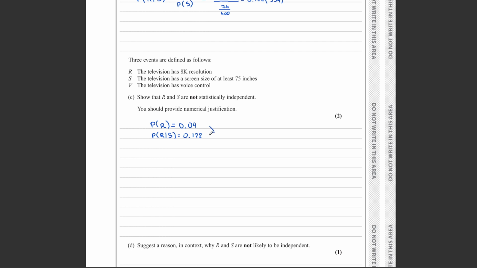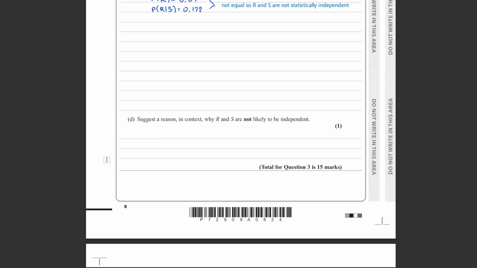And these two are not equal. In question D, we need to suggest a reason why R and S are not likely to be independent. That's because larger screens have more space for pixels.